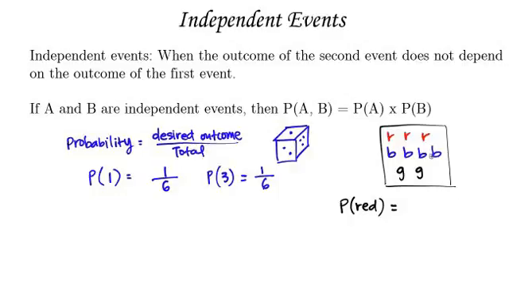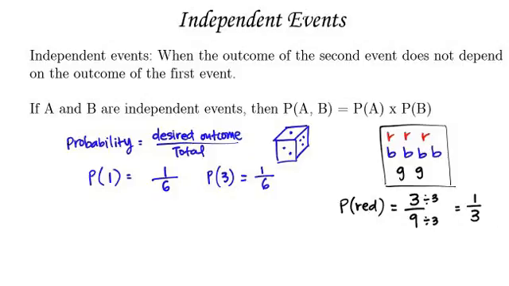I have 3 reds, so that number goes on top. 3 over how many total marbles do I have? 1, 2, 3, 4, 5, 6, 7, 8, 9. And if you have a fraction, you always have to simplify it, right? So I can divide each by 3, and it becomes 1 over 3. So the probability of picking a red marble is 1/3.